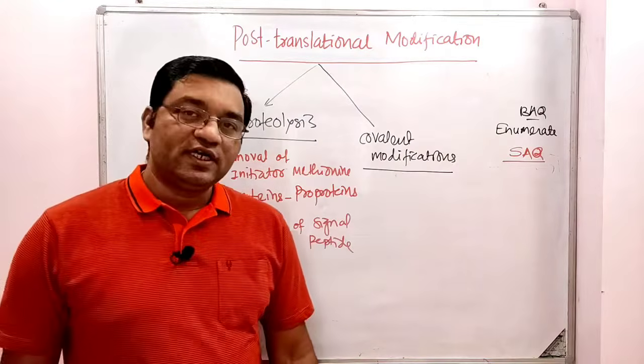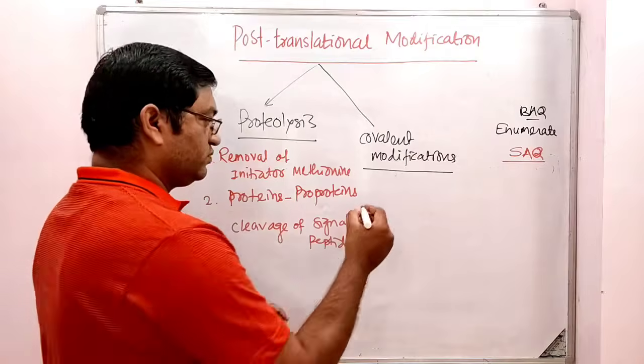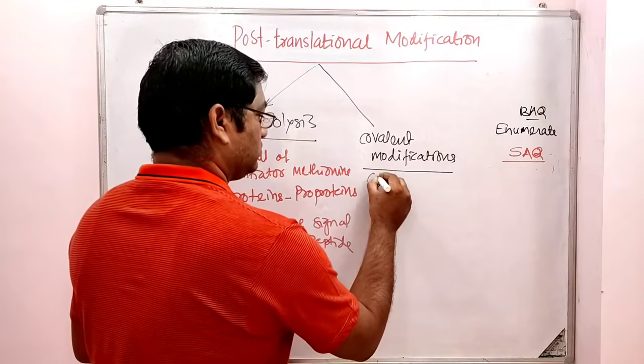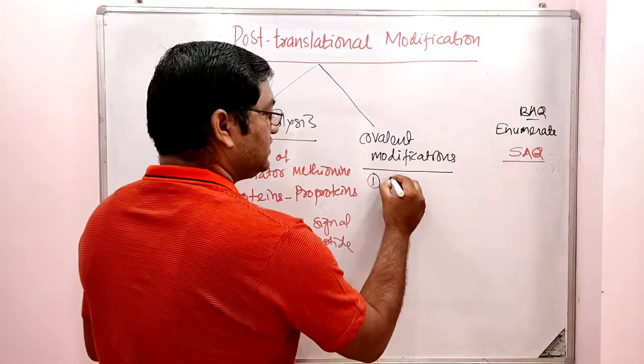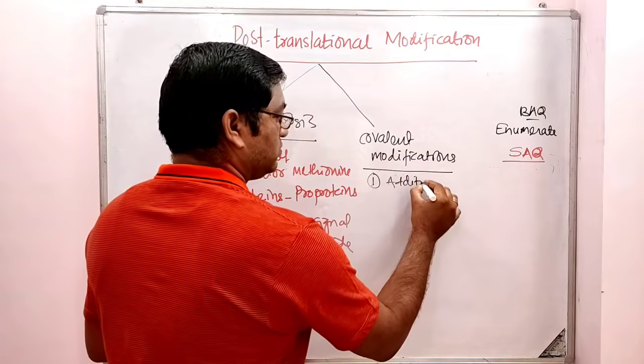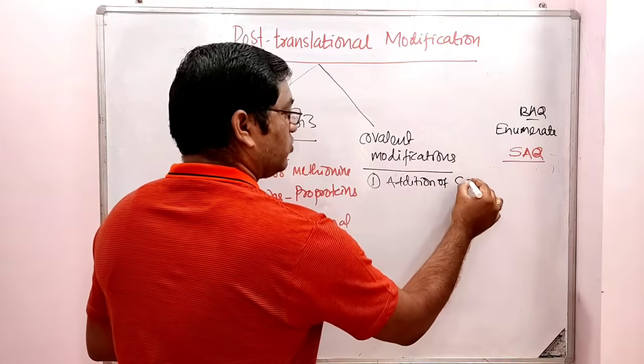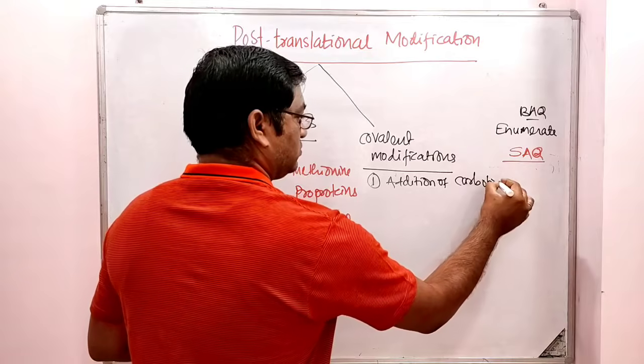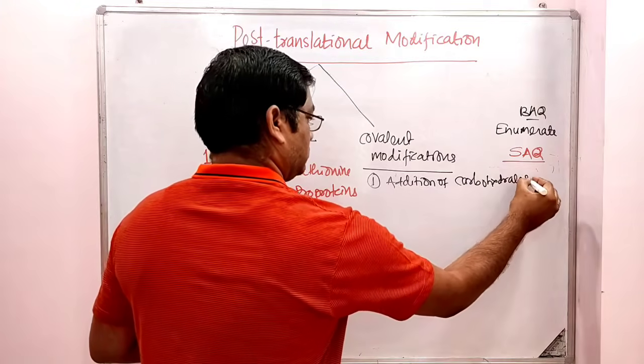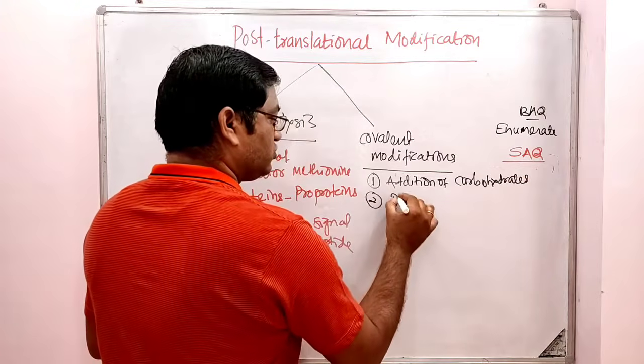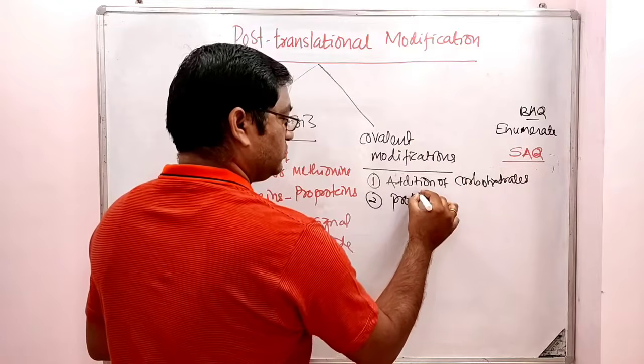Second one is the covalent modification. It includes first, addition of carbohydrate. Second, prosthetic group addition.